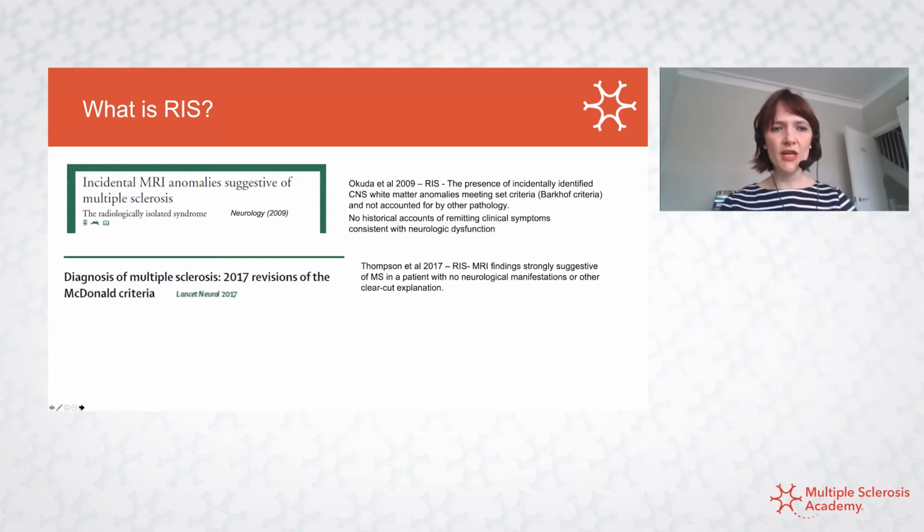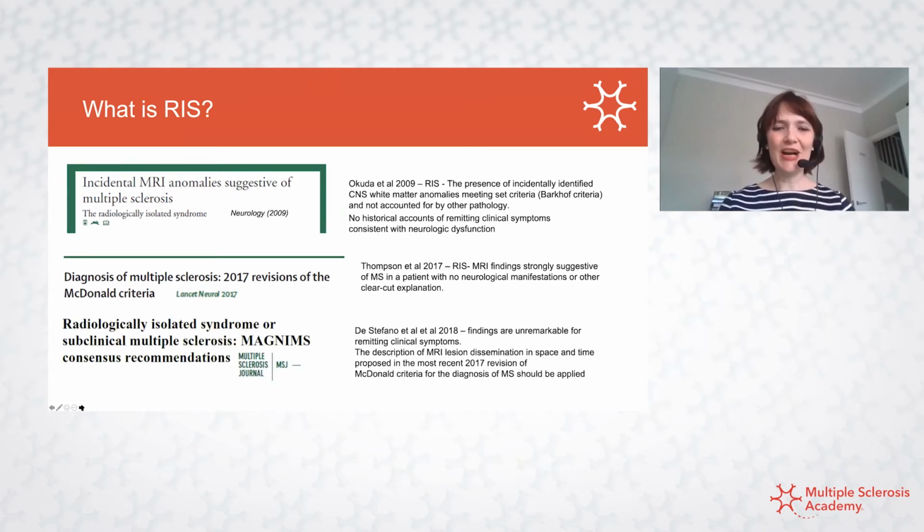RIS was also mentioned in the revised 2017 McDonald criteria, which defined it as MRI findings strongly suggestive of MS in a patient with no neurological manifestations of MS or other clear-cut explanation, making sure there's not an actual different pathology mimicking demyelination. And then, much more specifically and at greater length, are the latest criteria put out by the European MRI group, MAGNIMS.